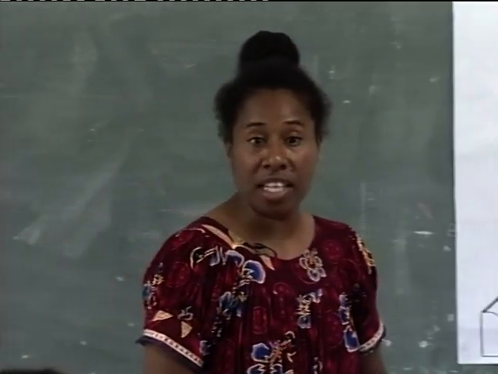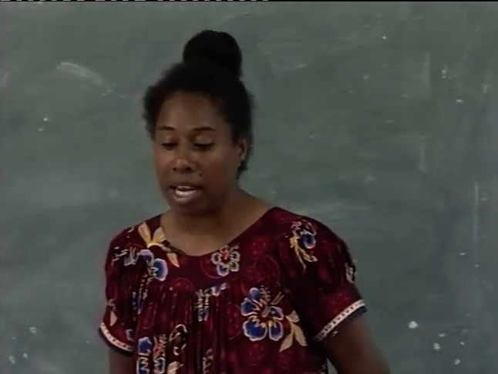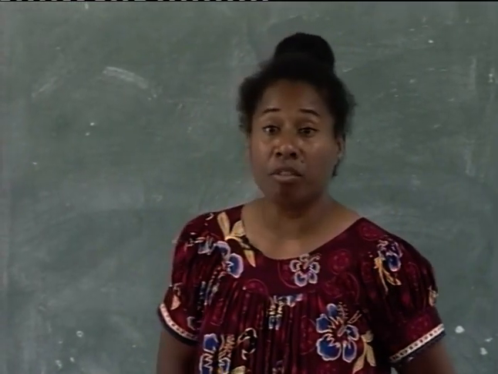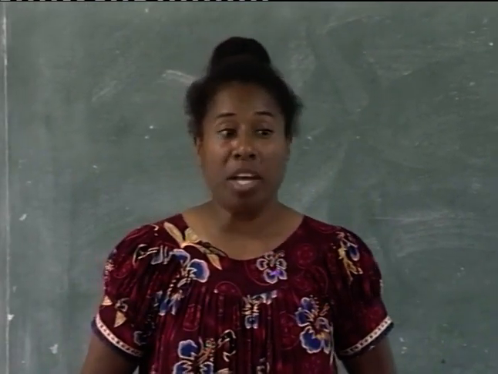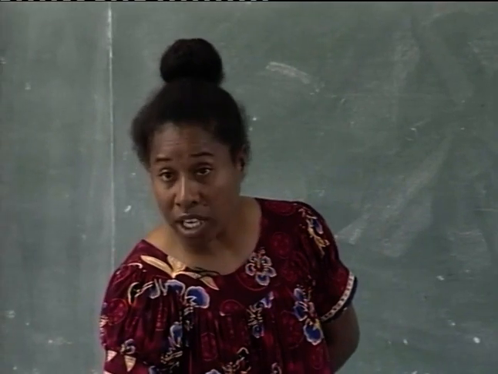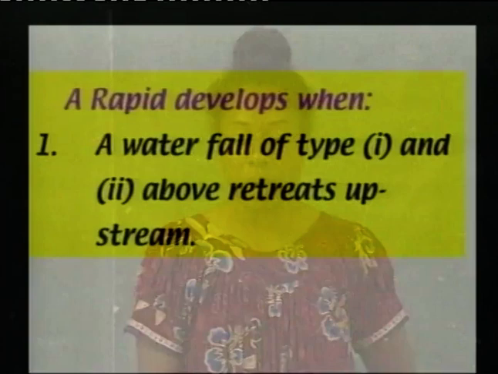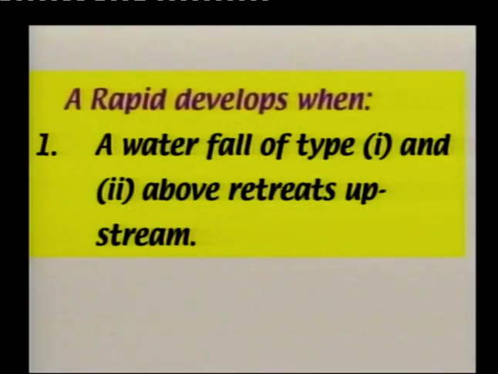Okay, looking at the first activity from our work yesterday, you were required, with the help of a well-labeled diagram, to explain the formation of a rapid. We have learned that there are 2 ways in which rapids can be formed. You could select from feature number 1, where a rapid develops when a waterfall of types 1 and 2 retreats upstream. When I'm referring to types 1 and 2, I'm referring back to the information that we have covered on waterfalls.